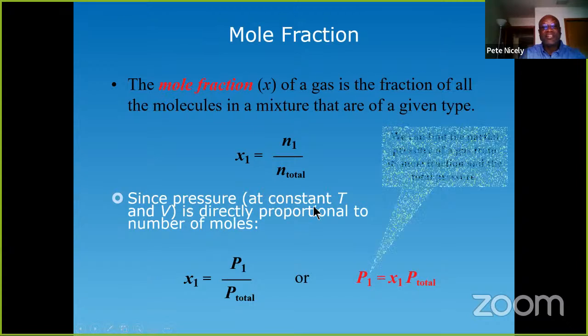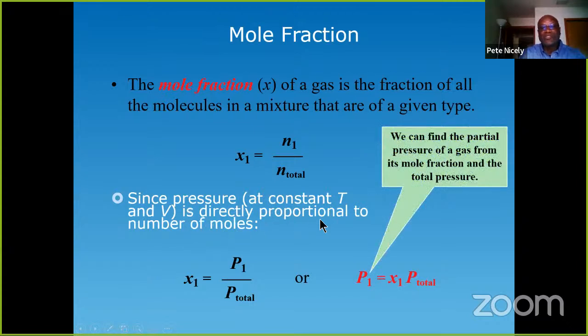Now, since pressure is directly proportional to the number of moles, when it applies to gases, then we can represent the mole fraction as being equal to the pressure of gas 1 divided by the total pressure of the gaseous mixture, all right? So there are two ways of calculating the mole fraction.